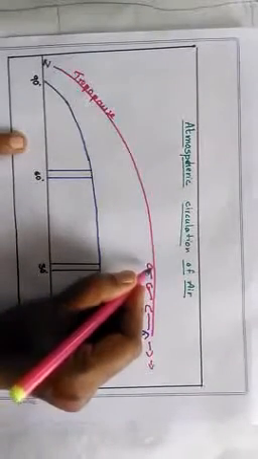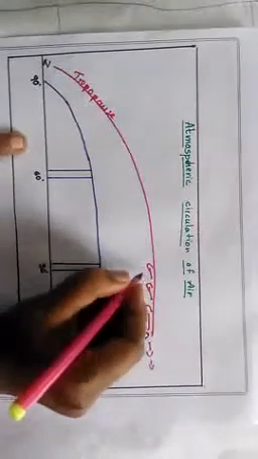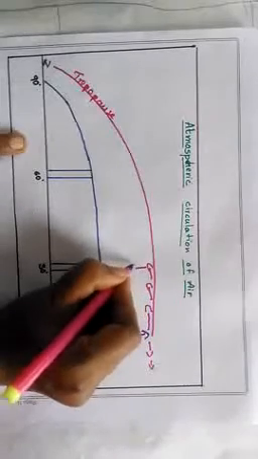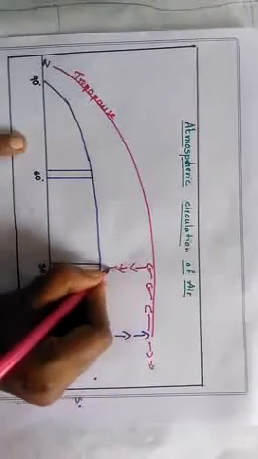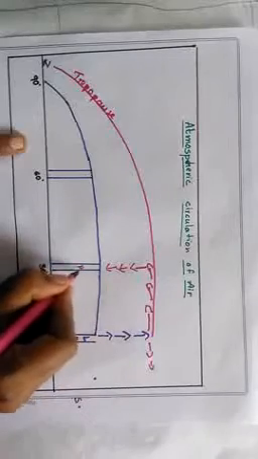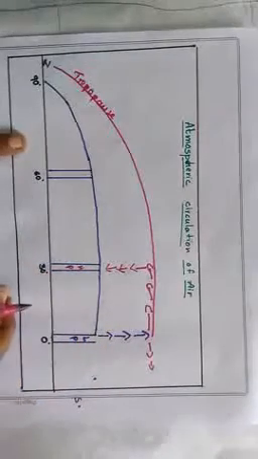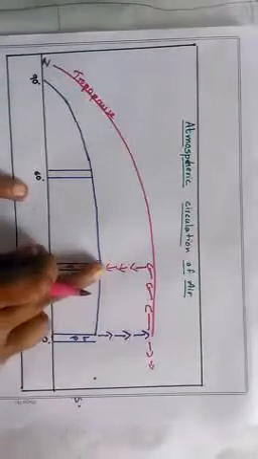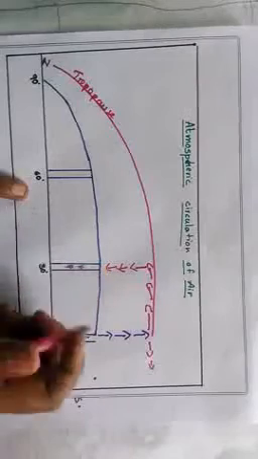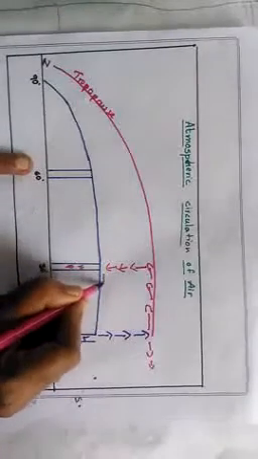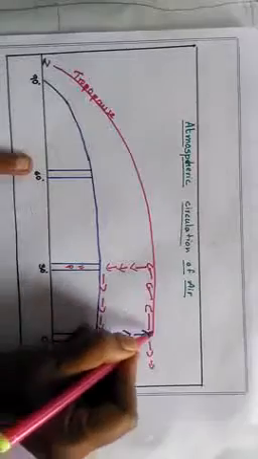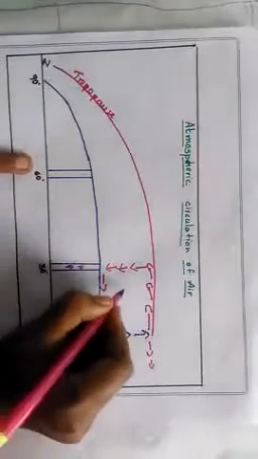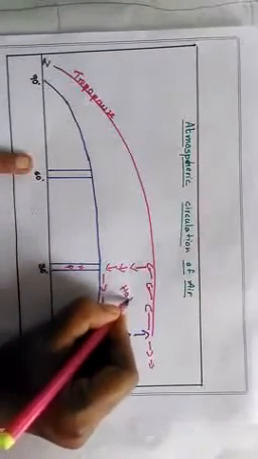After reaching a certain distance, it comes down to the earth surface. Here high pressure areas are created, and from here the air moves towards the low pressure area. By this, one circle is completed.